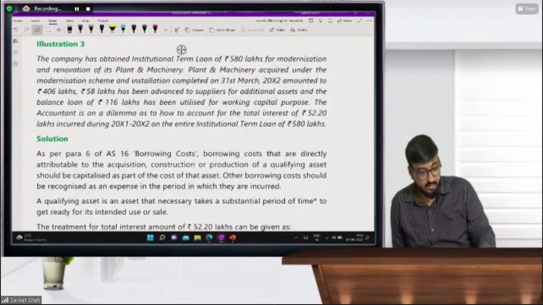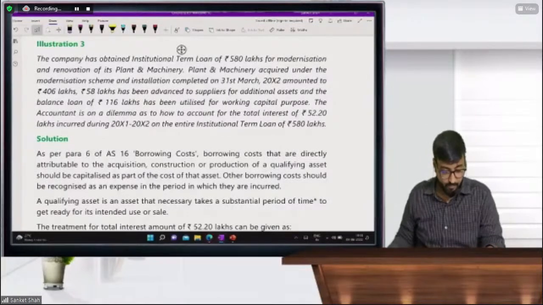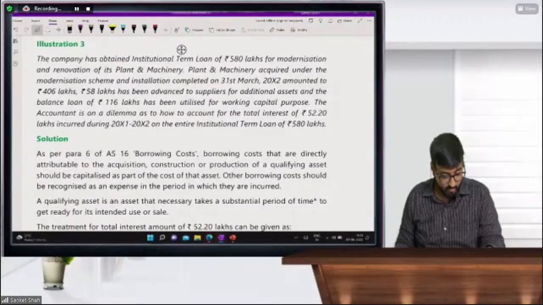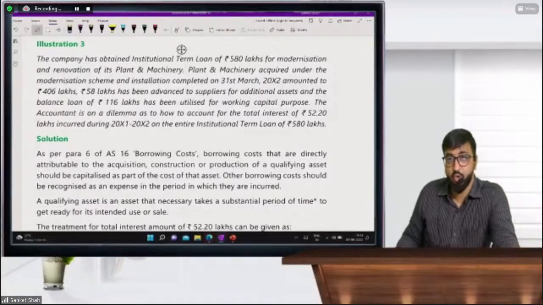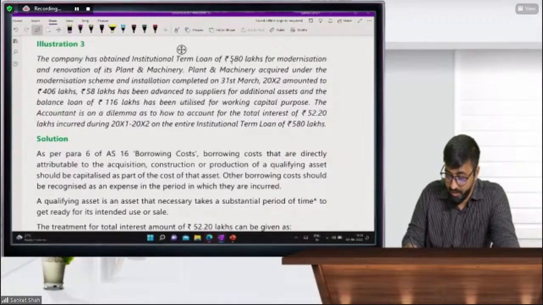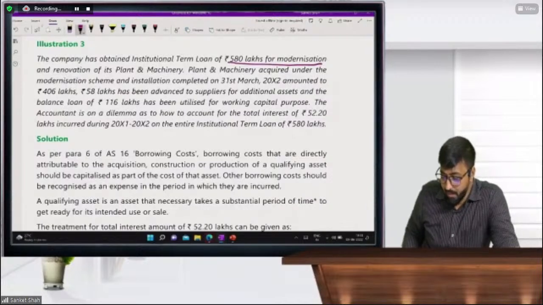Let's go, what is the answer? The company has obtained an institutional term loan of 580 lakhs for modernization of its plant and machinery.